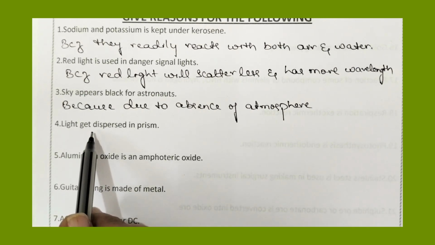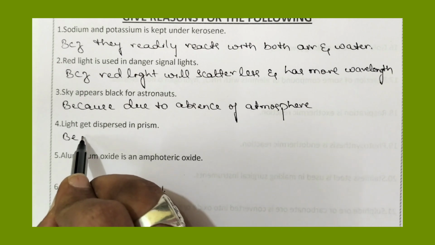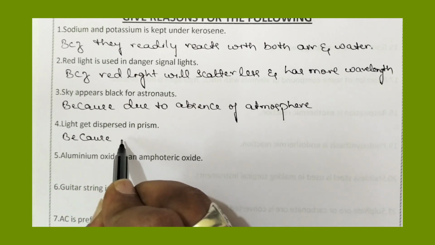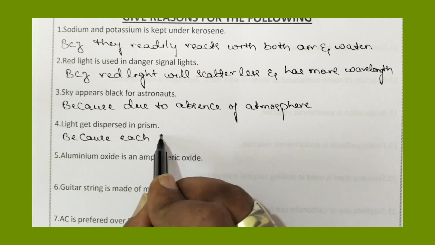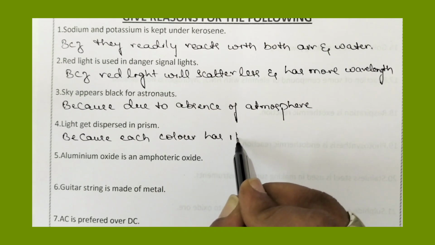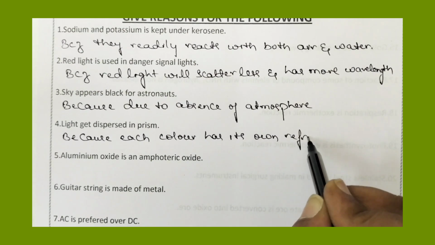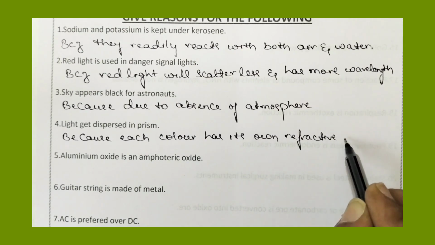Next, light gets dispersed in a prism because each color has its own refractive index.